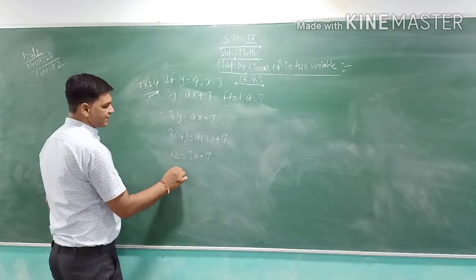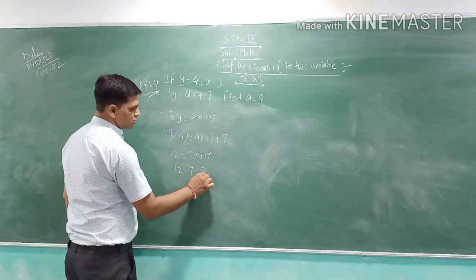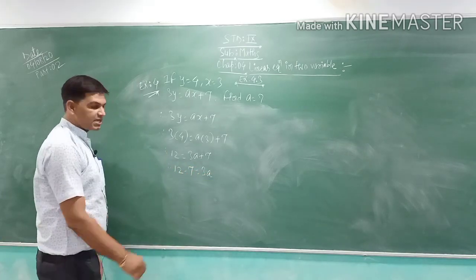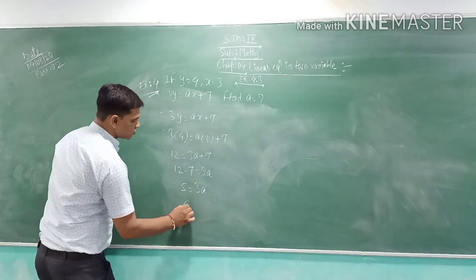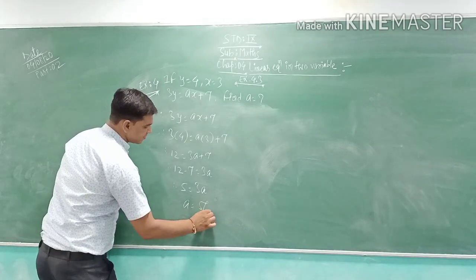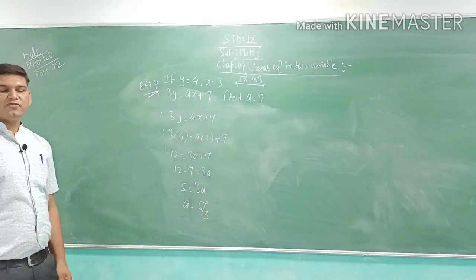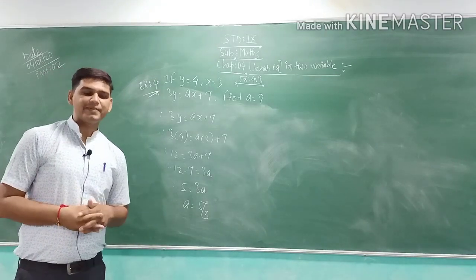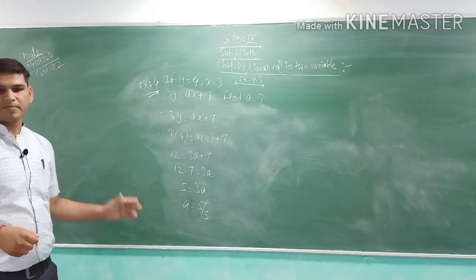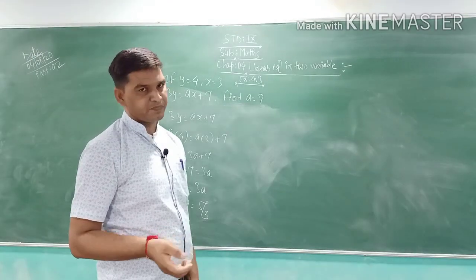Moving 7 to the left hand side, 12 minus 7 is equal to 3a. So 5 is equal to 3a, so a is equal to 5 by 3. So if x and y are given, we can easily find the value of the unknown.